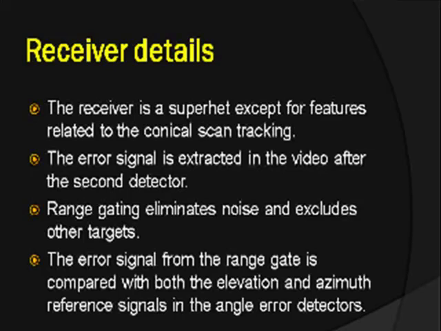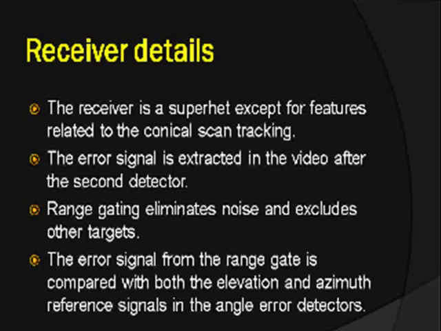Similarly here, the echo signals coming from different ranges are processed in different receivers. For this, we will have separate time domain filters which will be receiving the signals from different ranges. By this, we will be able to eliminate a lot of unwanted signal from the stationary targets at different ranges.